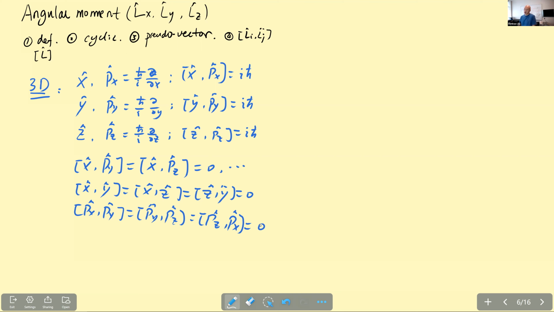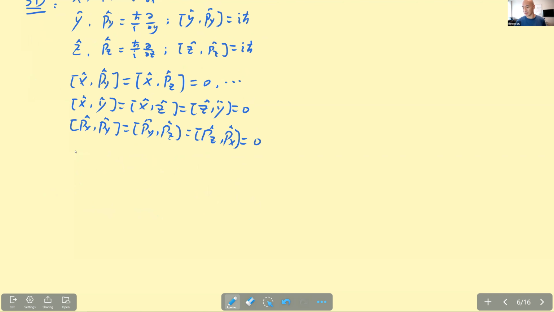Because just for example, you can look at px and py acting on a function. That equals h bar over i partial x, h bar over i partial y on the function. Obviously, the differential with respect to y and the differential with respect to x commute, right?